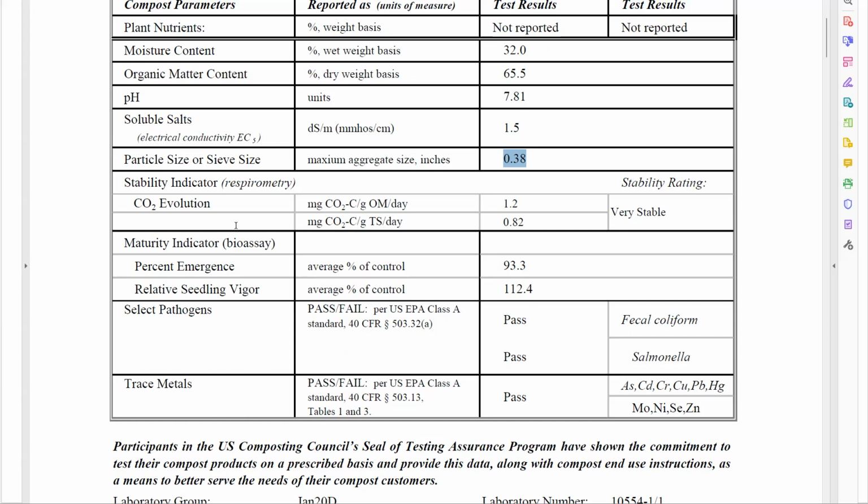Trust me, when you smell it, you will know. It's an ammonia smell that hits the back of your nose like a punch. You go, oh, that's immature. What that means is that it's still actively decomposing, and it's got really high levels of ammonia in it.